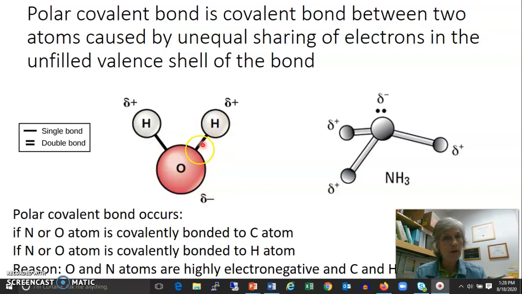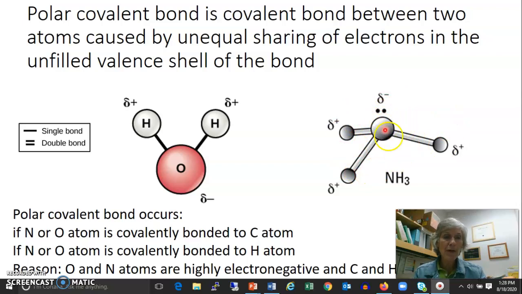It's not a full transfer, so it's not an ion, but it's an unequal sharing, so this oxygen atom looks like it has a partial negative charge, and the hydrogen atom looks like it's kind of lost its electron, so it looks like it has a partial positive charge.